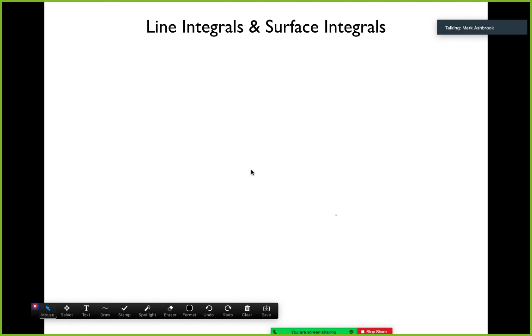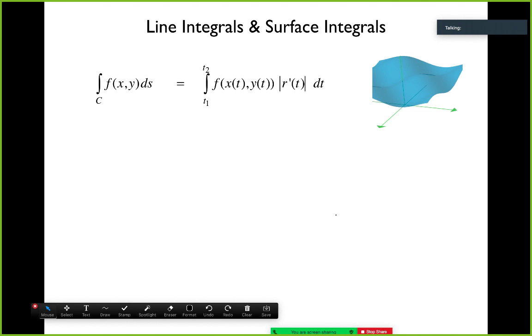All right, so line integrals. There were two kinds of line integrals. There was the line integral of a multivariable function, which is what we'll do today, and then there's line integrals of a vector field. And we'll talk about that Wednesday. So line integrals of multivariable functions was this. We had this function, which is blue here, and then we were going to integrate it over a curve in the xy plane.